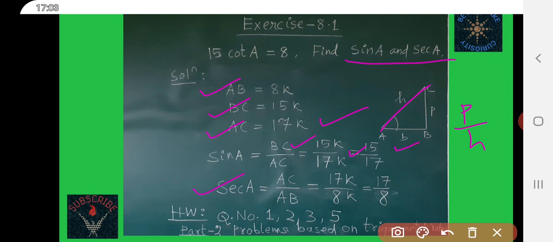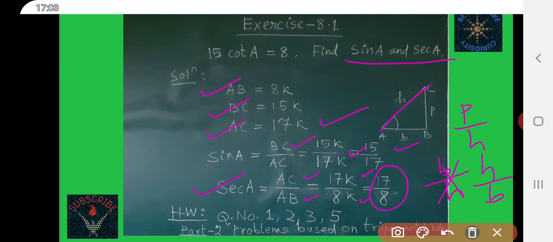Sec A, H by B, sec is your what? H by B. So AC by AB, that is equal to 17K by 8K, K cancel, that is equal to 17 by 8.